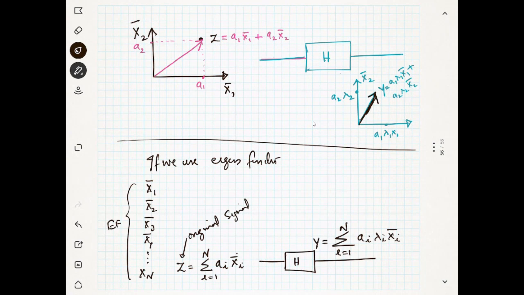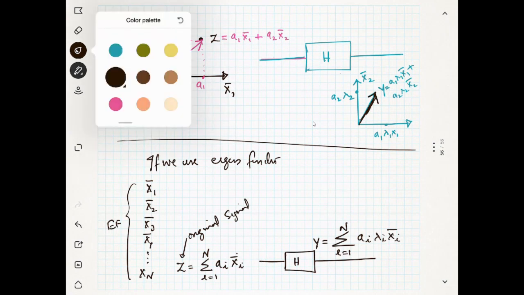This will be your output. Do you agree with this representation? I hope it is very clear. You know summation and matrix. This is the beauty: you are representing a signal in terms of another signal.